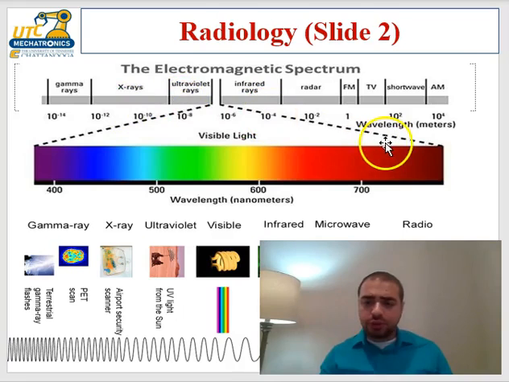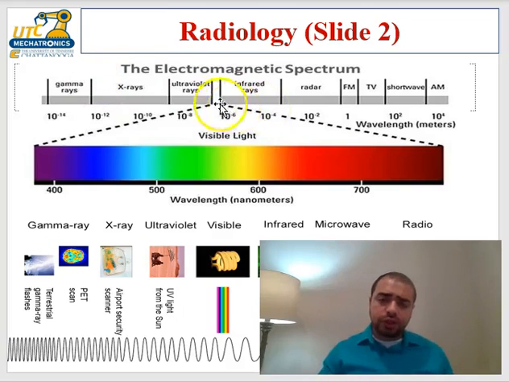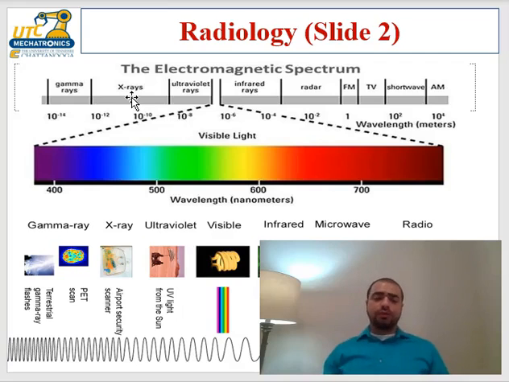Below the red is going to be infrared. Above the violet, we have the ultraviolet. Above the ultraviolet, we have the X-rays. Then the highest in energy is the gamma rays, which have the highest energy and the shortest wavelengths.